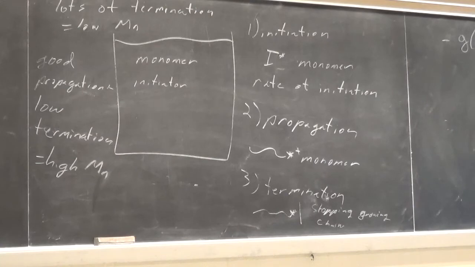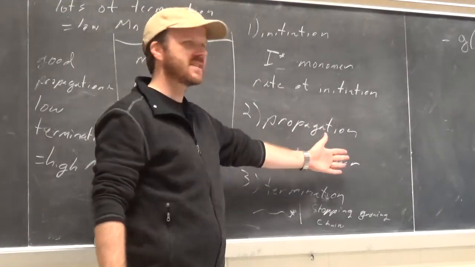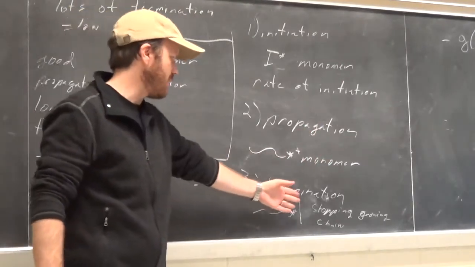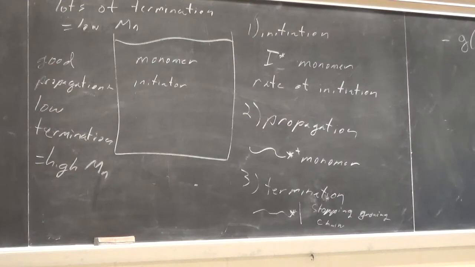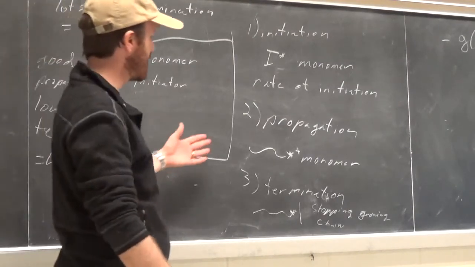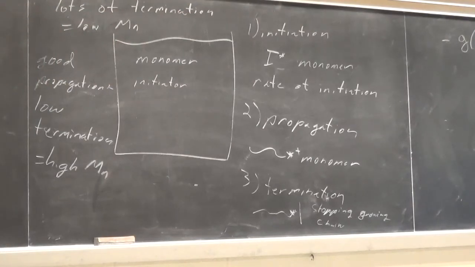This gives you some idea for designing polymerizations: how fast things are going to propagate, what the termination step looks like, and you can tune the molecular weight by tuning the propagation and termination rates. Does that make sense?